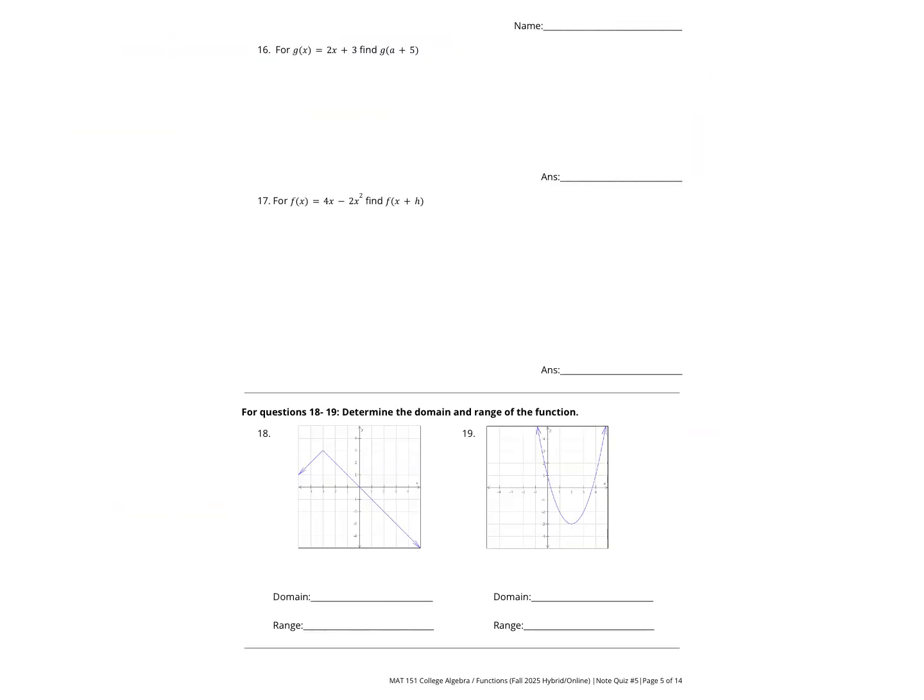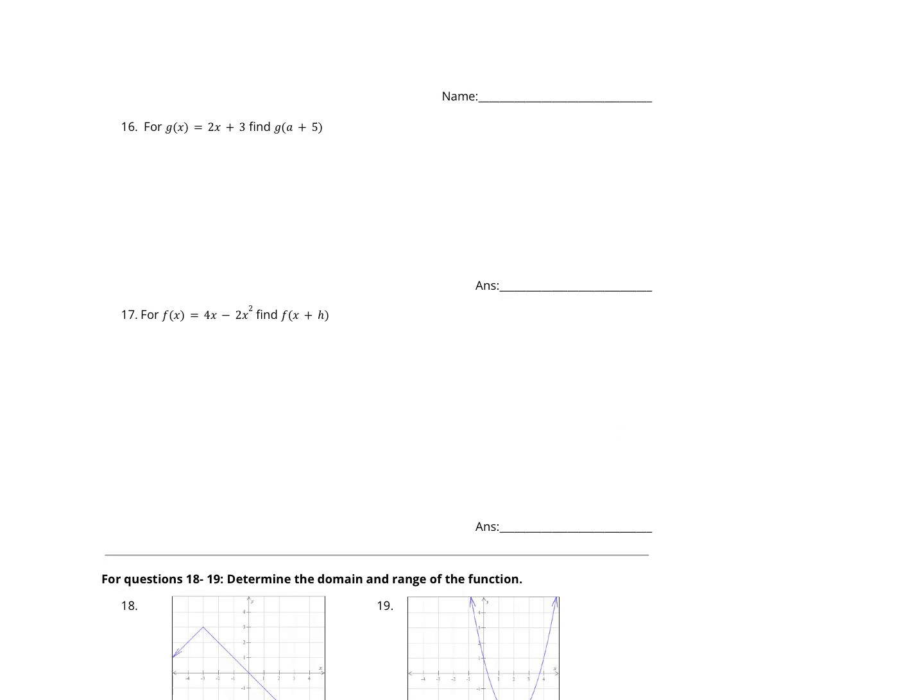And the next page has us finding more function values, but this time it's for more complicated expressions for the inputs. All right, so for this first function, they want us to find g of a plus 5 for the function g of x equals 2x plus 3. Another way of thinking about functions is that they're going to perform operations.